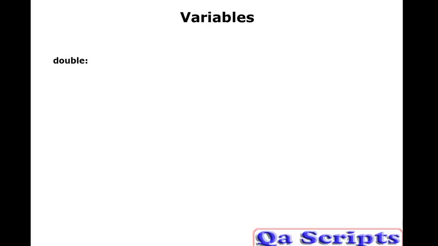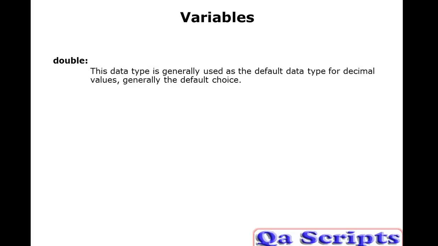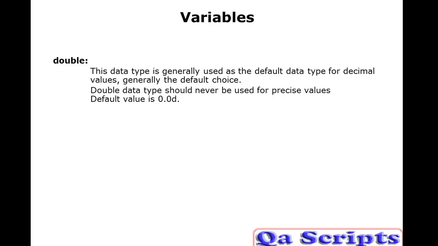There is another data type, that is double. This data type is generally used as the default data type for all decimal values, generally the default choice. Double data type should never be used for precise values again. Default value is 0.0.